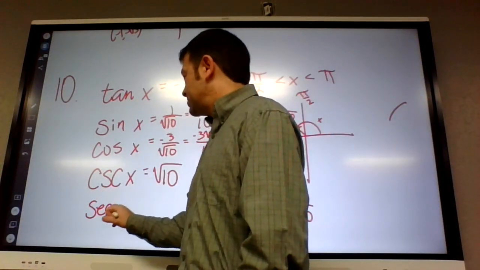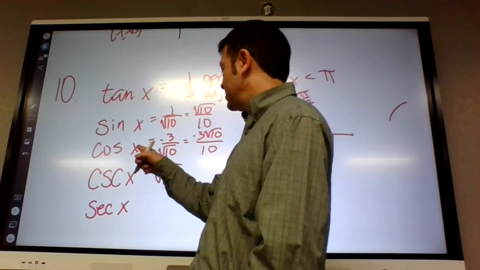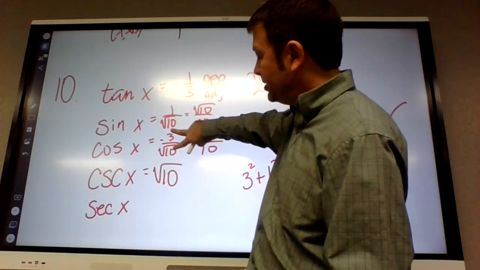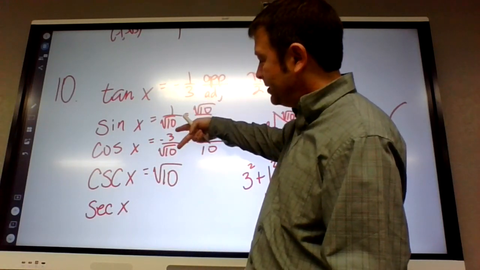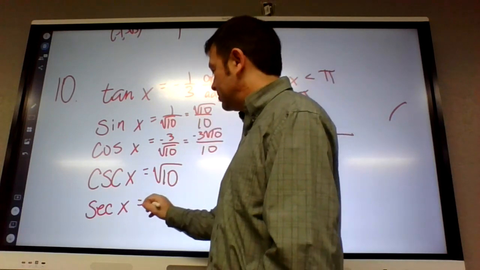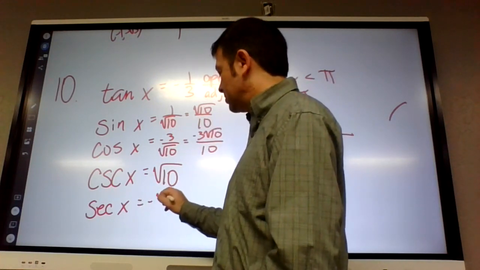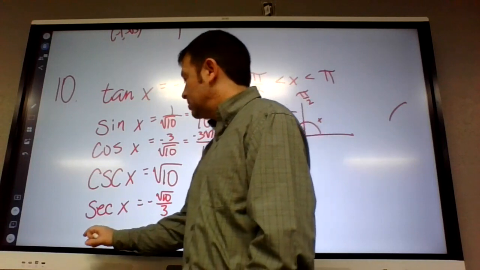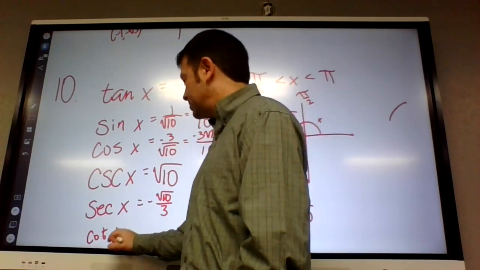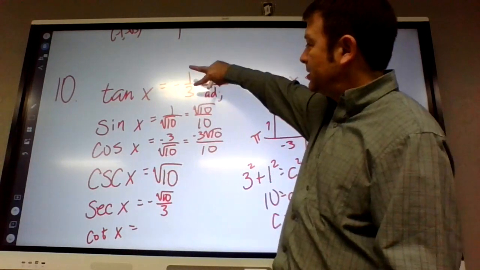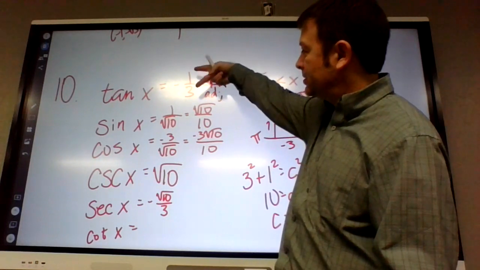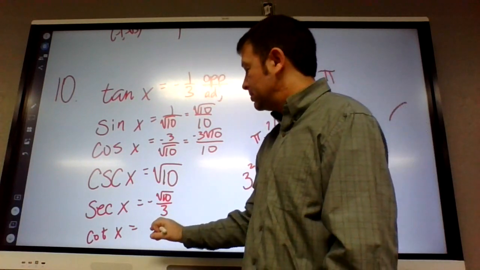Secant is the reciprocal of cosine, so it's going to be negative square root of 10 over 3. And cotangent, instead of -1/3, it's -3.